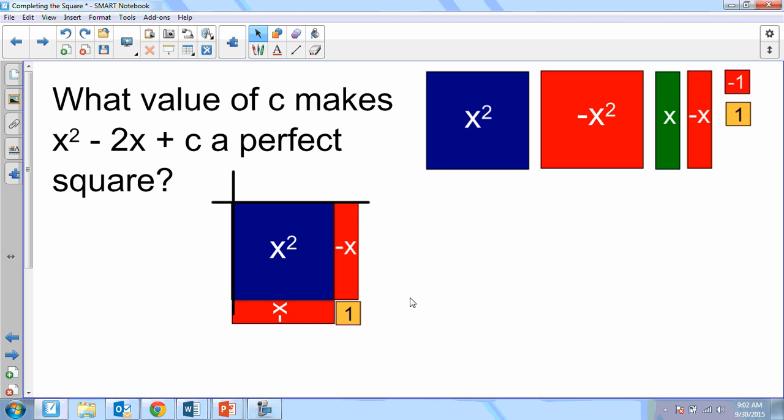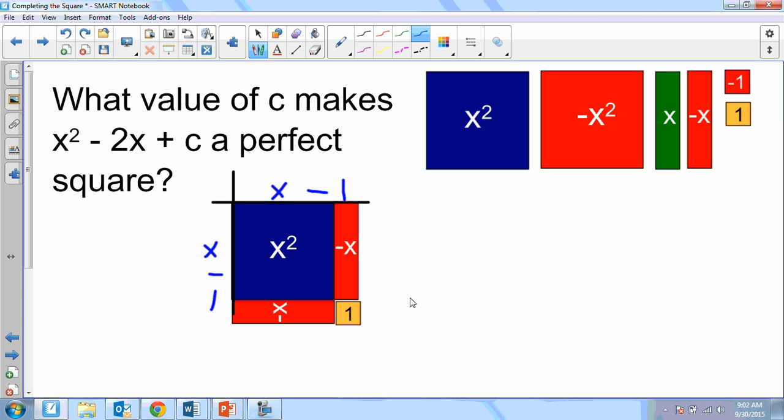Okay. What are the dimensions? Positive or negative 1? Negative 1.